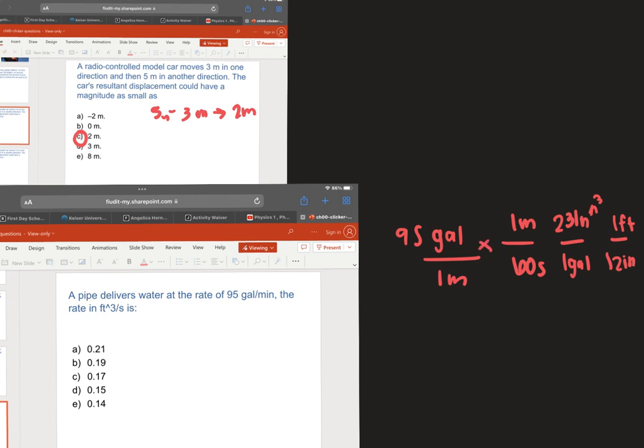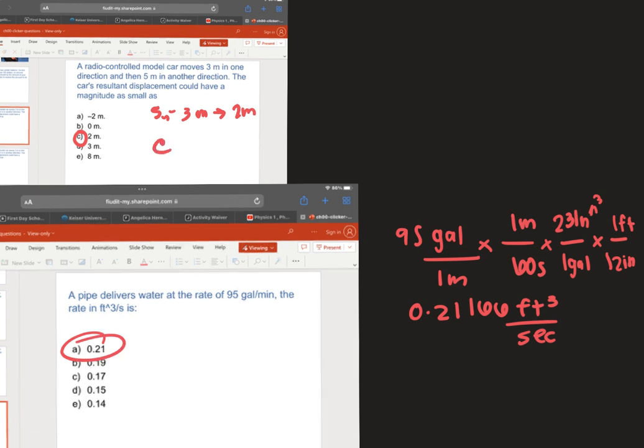So we just have to multiply all of these together, and that result is going to give us 0.21166 feet to the third over seconds, which is going to give us answer A.